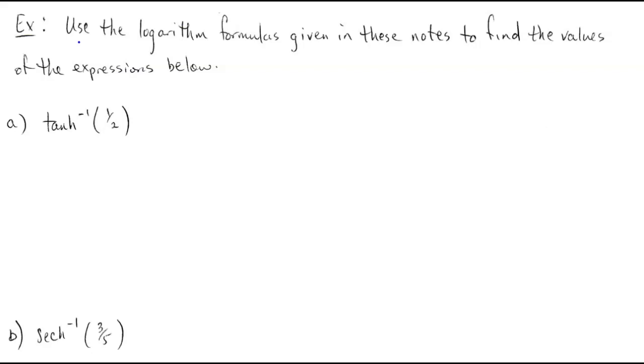So for our first example here, we see that we're dealing with tangent hyperbolic, well, the inverse of tangent hyperbolic, and we need to evaluate that at 1/2. So we need to reference to see, well, what is the logarithmic equivalent of this?